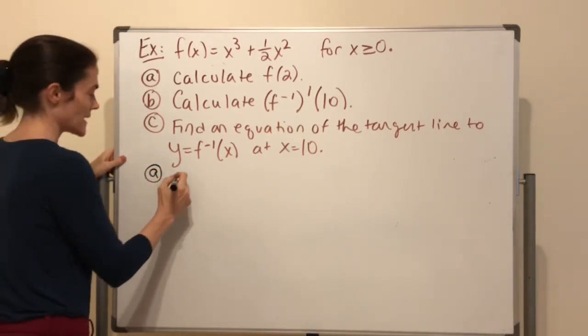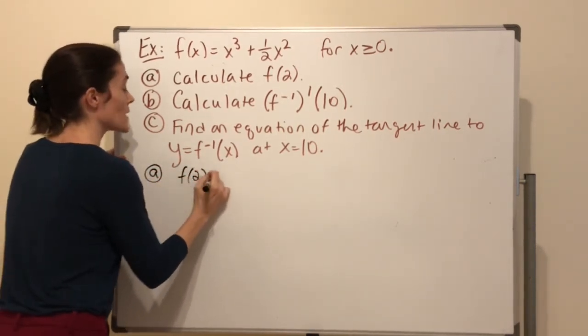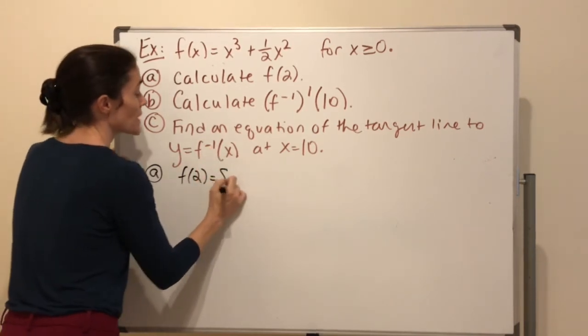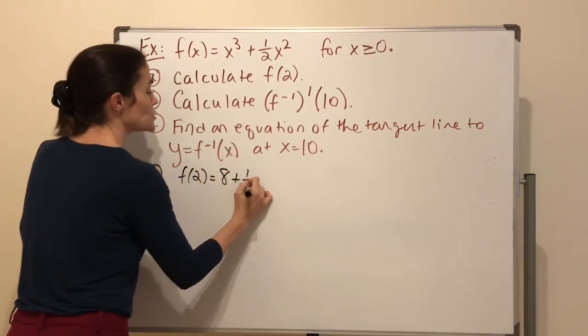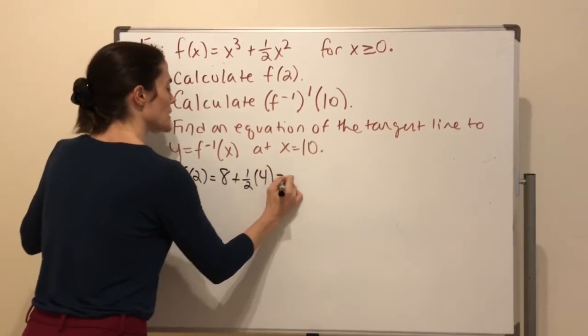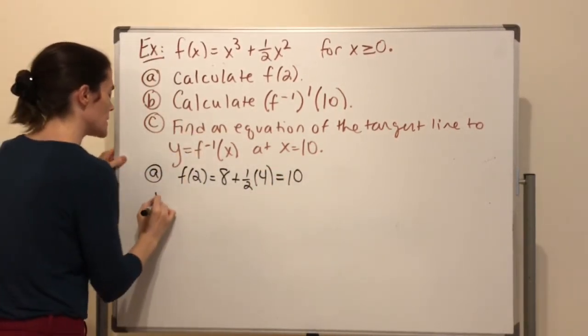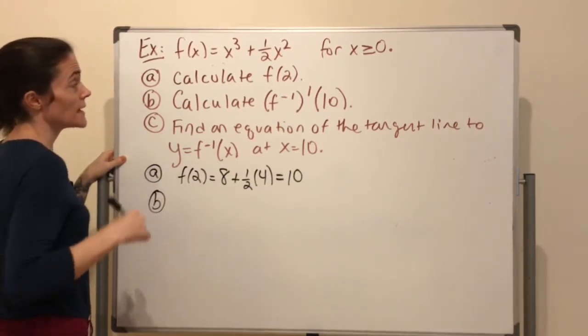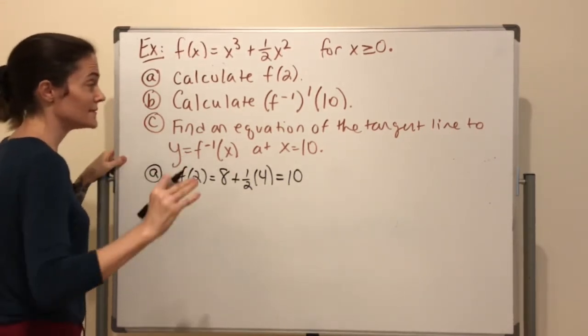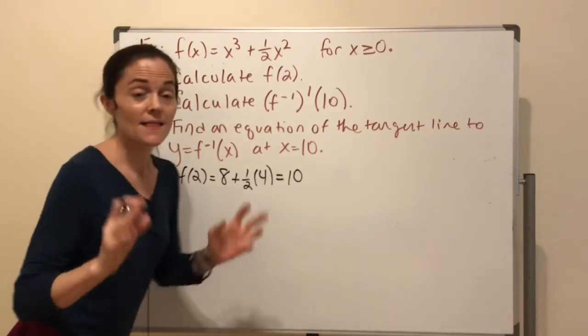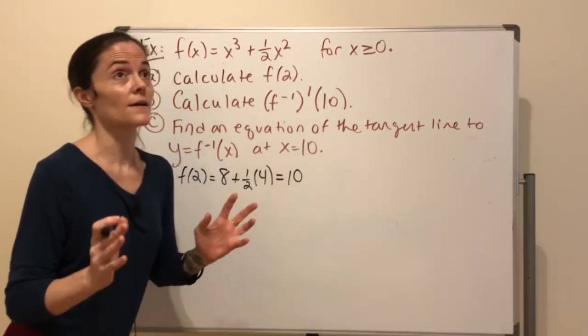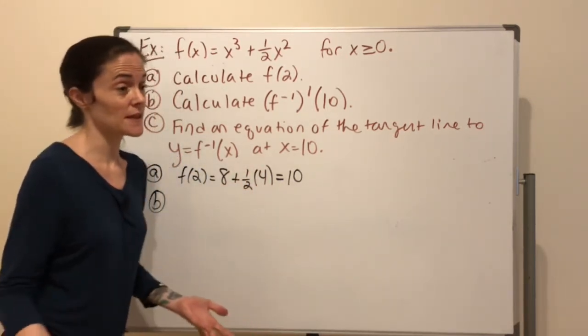Part A, find f of 2. Well, this is quite straightforward. We just evaluate the function at 2. We get 10. Part B, calculate f inverse prime evaluated at 10. This is when we are supposed to use the inverse function theorem.